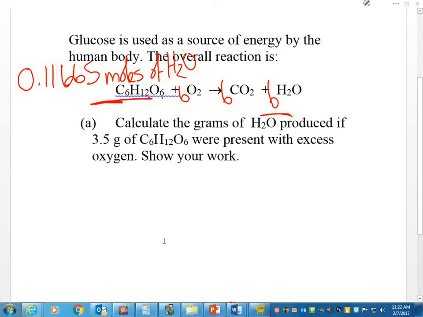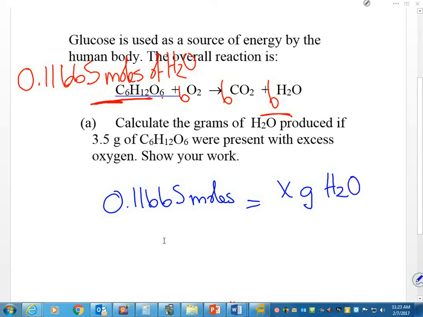So the last step is we take how many moles of water we have, 0.11665 moles, and we want to know how many grams of water that is. What's the special number for moles? 1, because 1 mole equals 6.02 times 10 to the 23 atoms or molecules, which is also equal to the molar mass. So the special number for moles is 1.